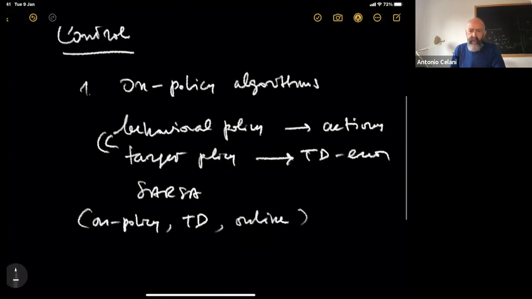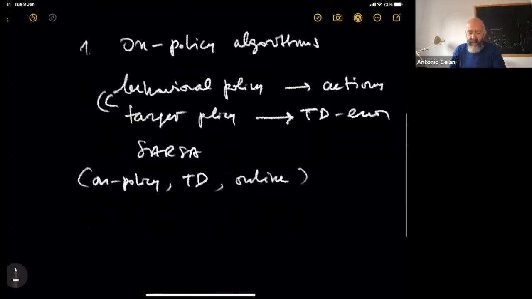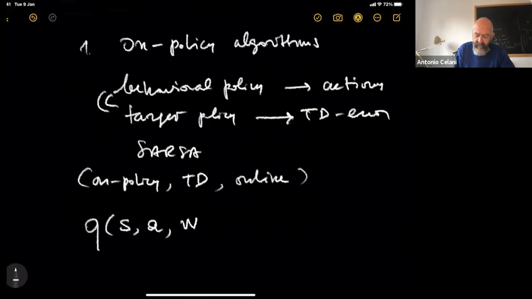So the first question that we want to address is, can we extend SARSA with function approximation? The idea is that we now want to write our Q function, the state-action value, which is a function of states and actions, in some parameterized form, exactly as we did for our value function.